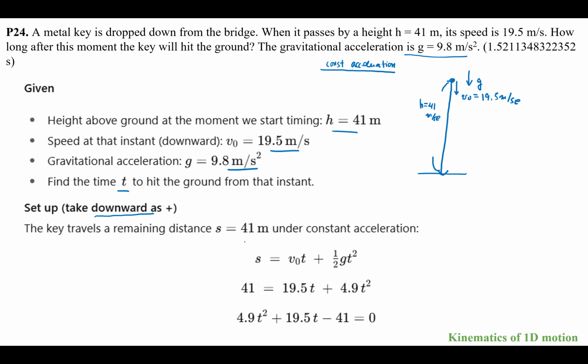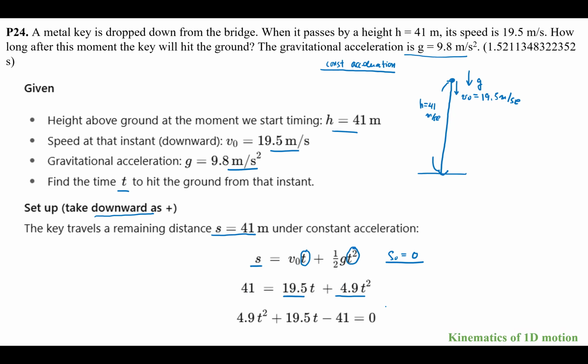And then we note that distance is given as a function of t here. Note that the initial position S0 is taken as 0 here. Okay, and then the 41 distance, the initial velocity and the constant gravitational acceleration are taken into account, and then we get an equation for t.